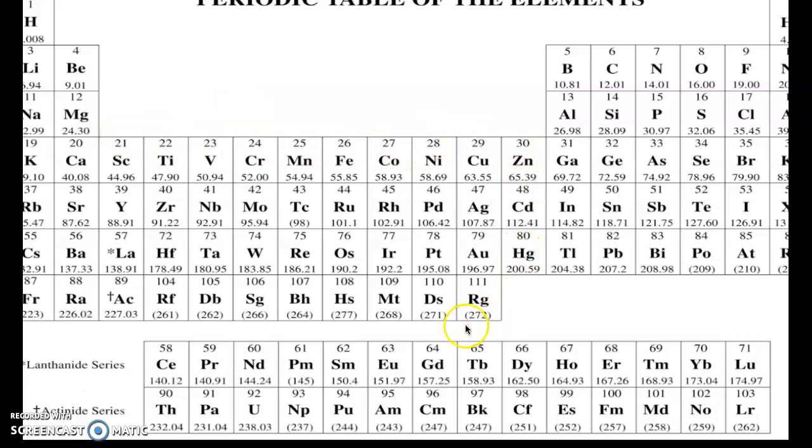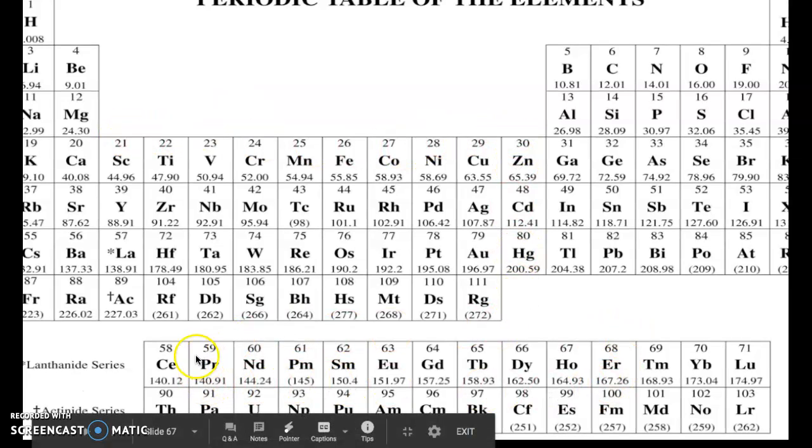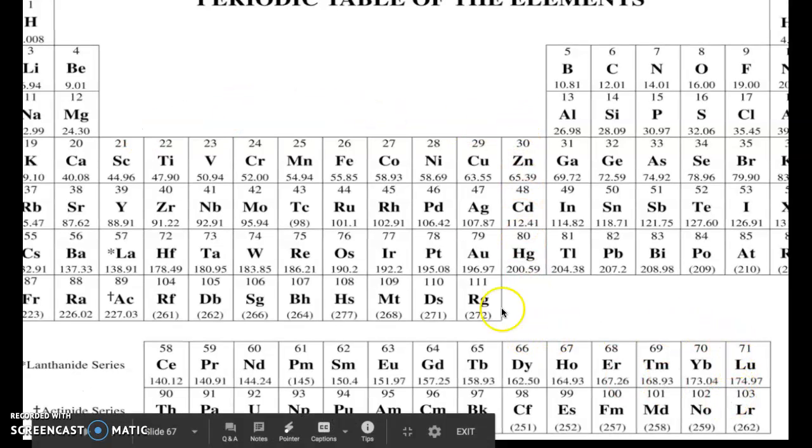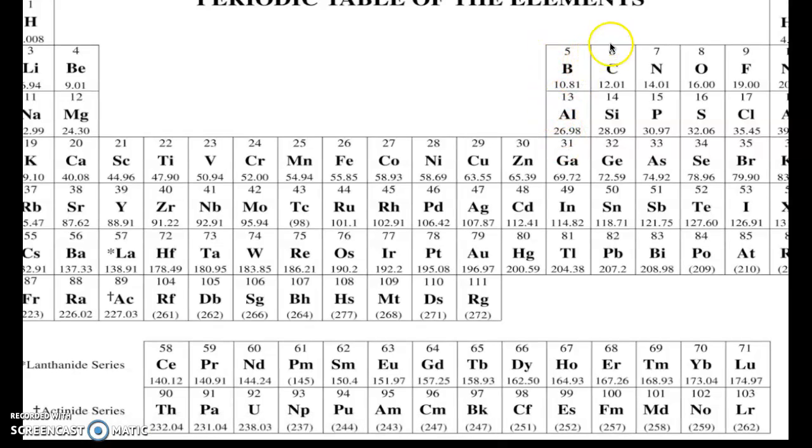The D block and the F block, you could really say that they have 2 valence electrons, but they do some different things, so don't worry about that so much. This boron group has 3 valence electrons. Carbon group has 4 valence electrons. Nitrogen group has 5. The oxygen group has 6. The halogens have 7. And the noble gases have 8, except for helium, which only has 2.